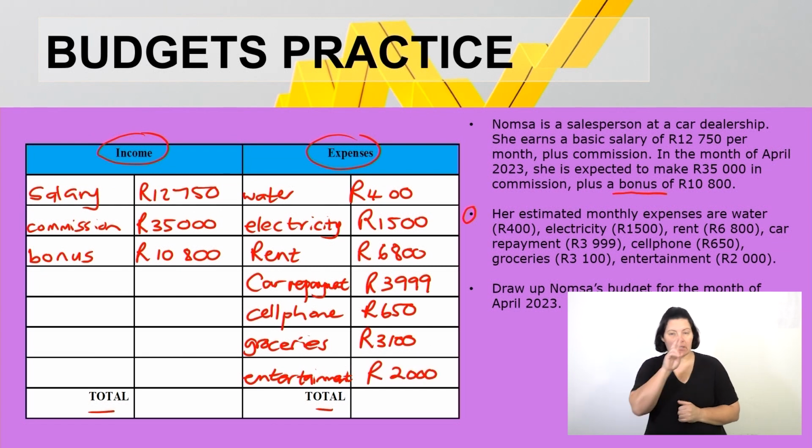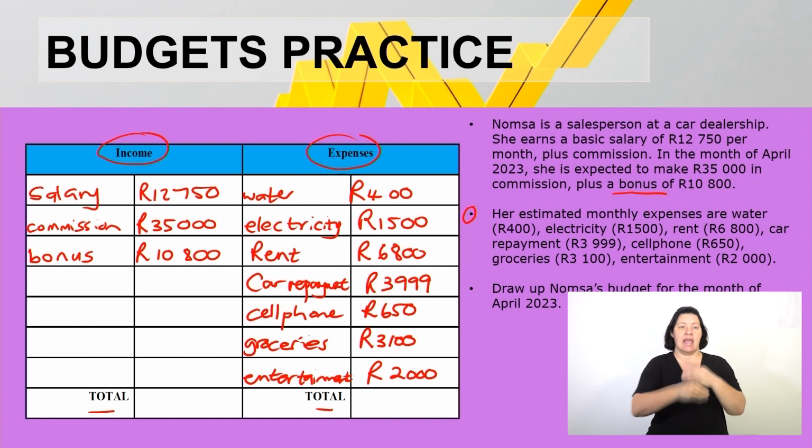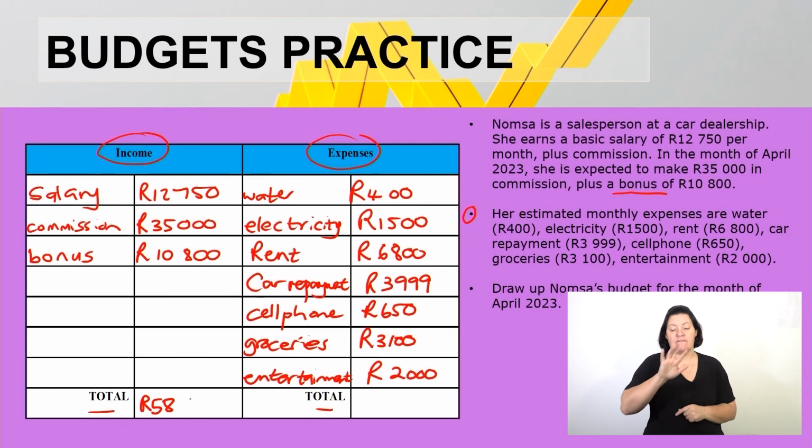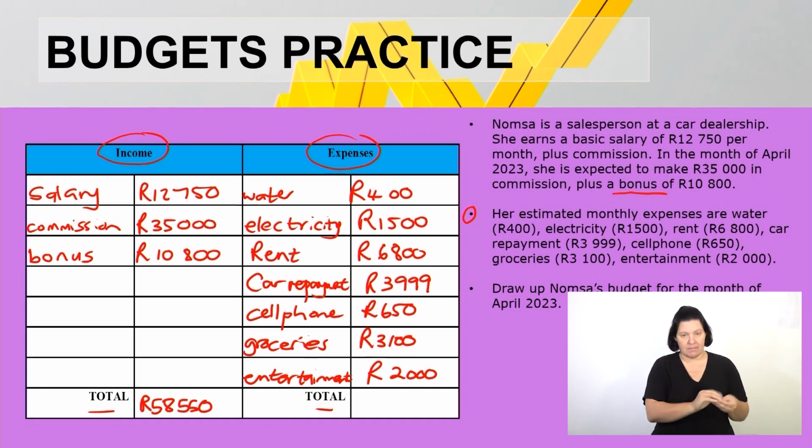So therefore, let's see. Let's add all our income. So 12,750 plus the 35,000 Rand, that's the commission, plus the bonus of 10,800. So therefore, total income for the month will be 58,550 Rand.